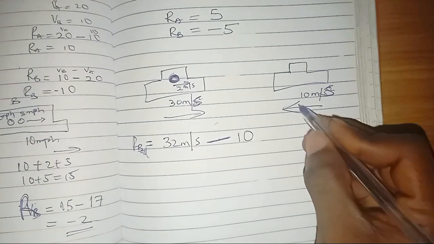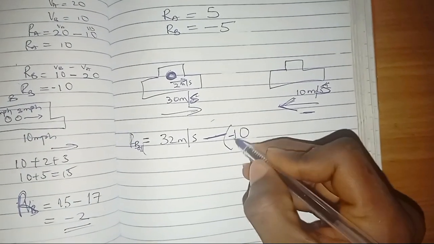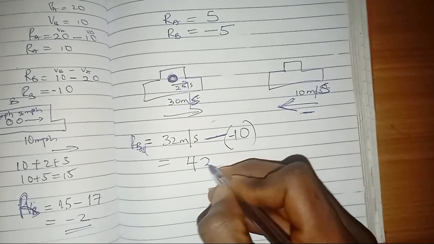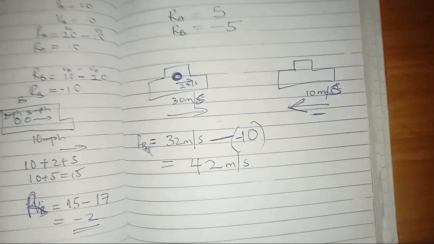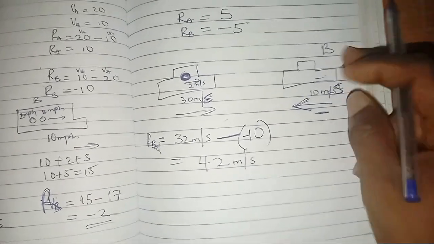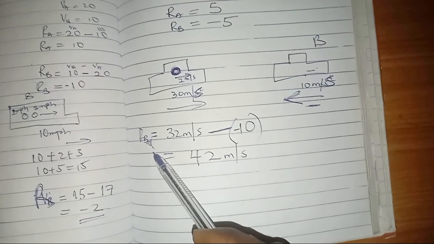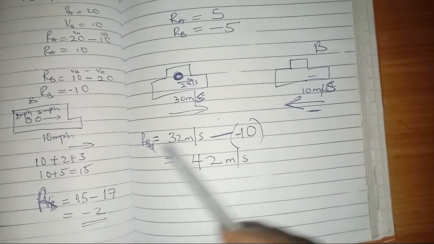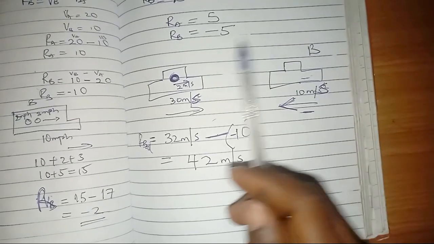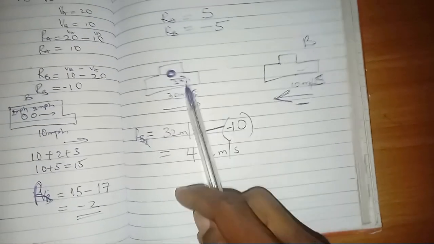And remember that this is moving in the opposite direction, so it's minus 10. So this is the same thing as saying 42 meters per second. The person inside this car B will observe this ball and the movement of the car as it moves. So that is just it.